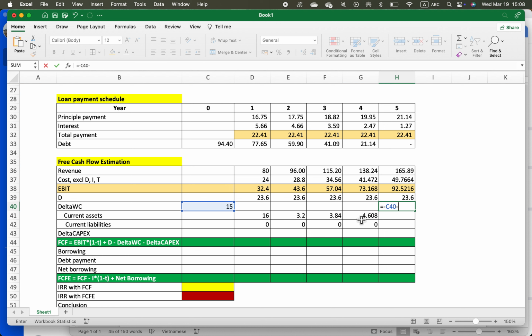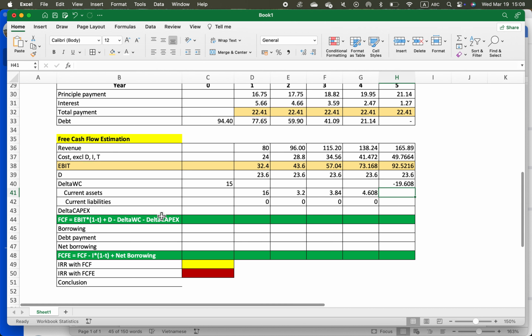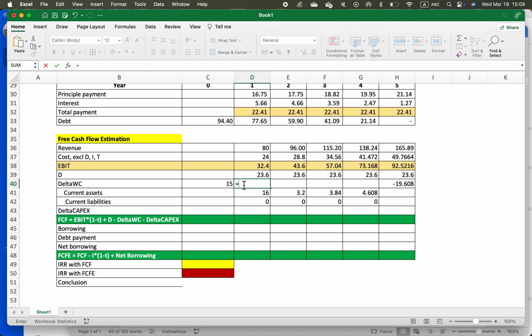At the end of year 4, you have 4.608 current asset in terms of receivable. And when will you receive it? You'll get it back in year 5. So you minus this one also. Okay, cool. So delta working capital is gonna be this one minus this, right? And this applies the same with this.